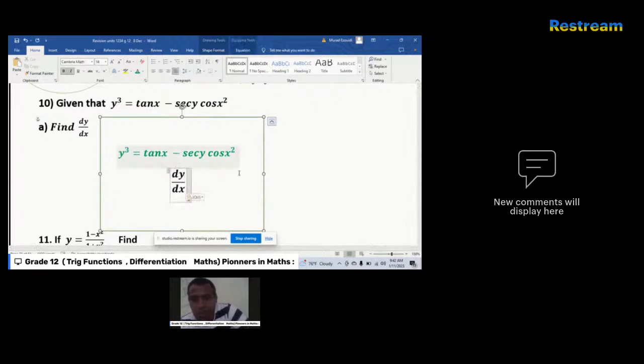I will differentiate the whole equation with respect to x, starting with y to the power 3.